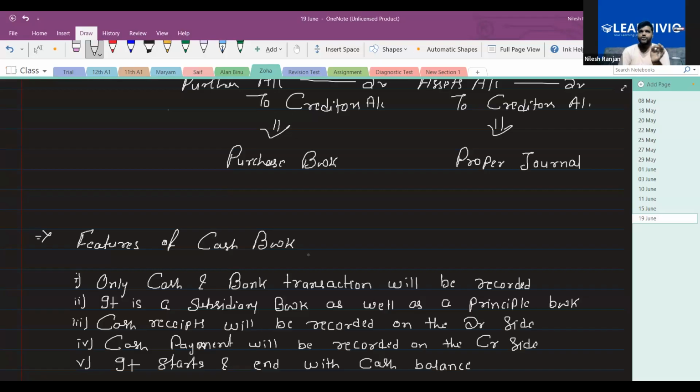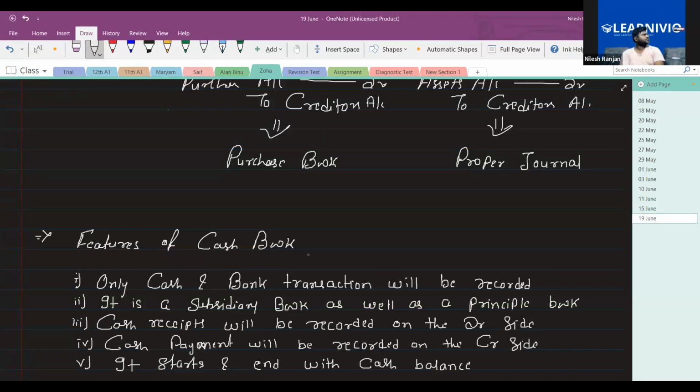If we purchase an asset on credit, it will go in a different account, like a proper journal. So there is a different purpose for every category, and that's why it is also called a special purpose book. Cash book is created to record only cash and bank transactions. Okay.